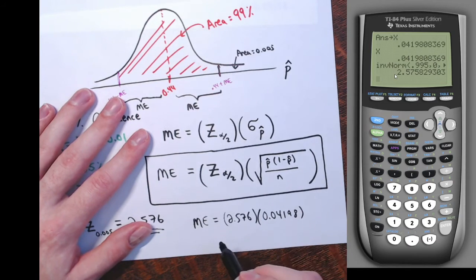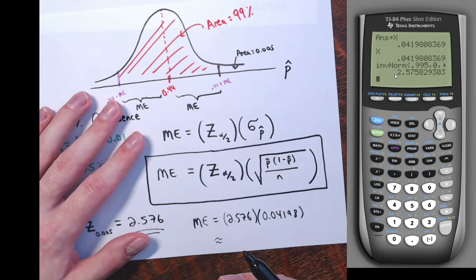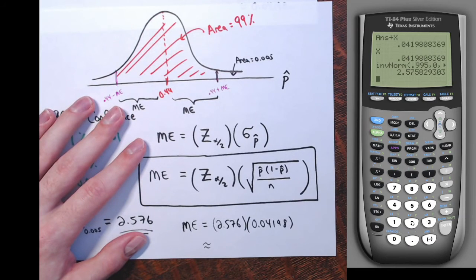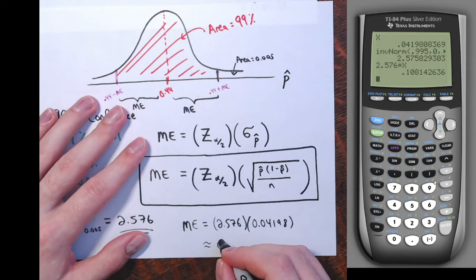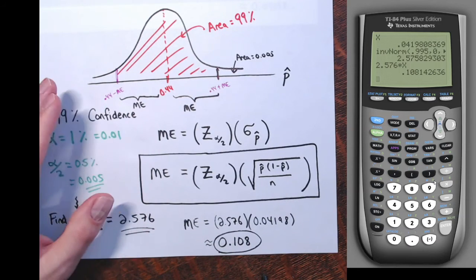Rounding to 3 decimal places, which they wanted, I'll take the number they gave me, 2.576, and multiply it by, remember I called it x, this 0.04, the standard deviation of the p-hats. And there's your margin of error, 0.108 to 3 decimal places.